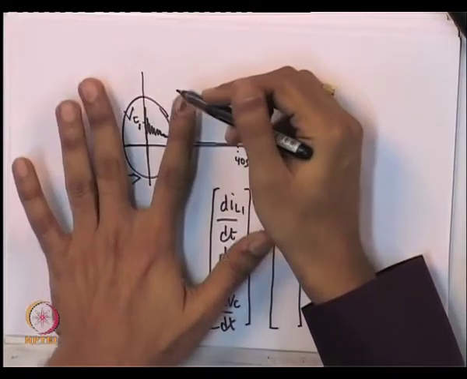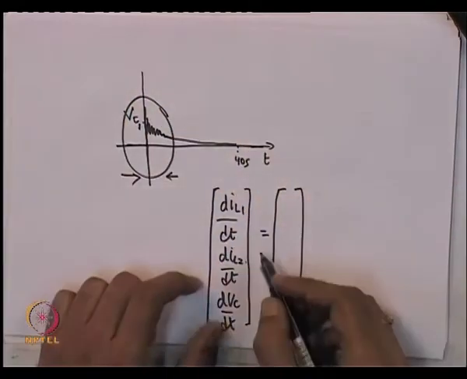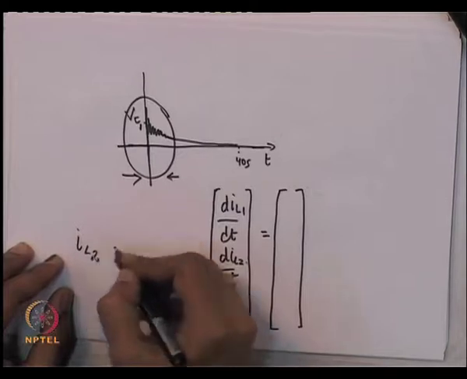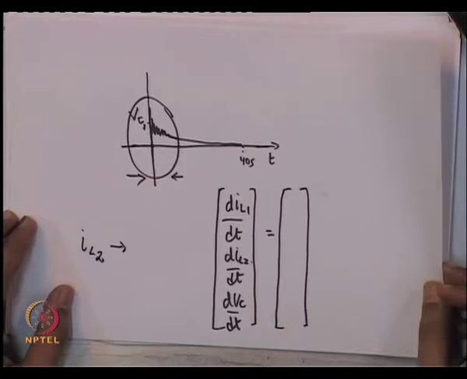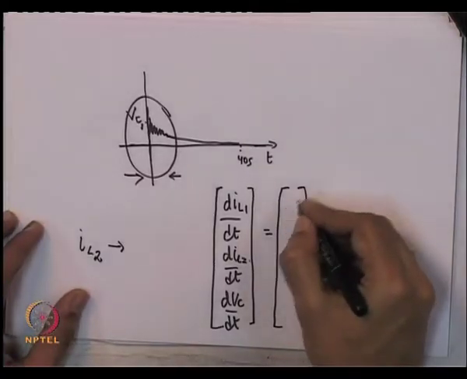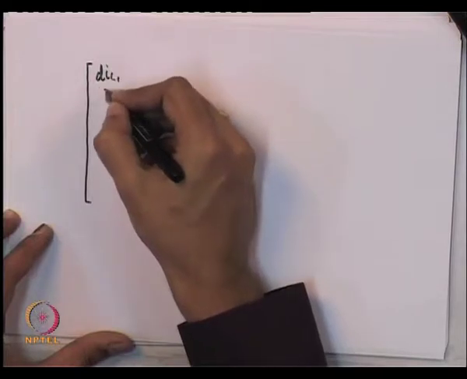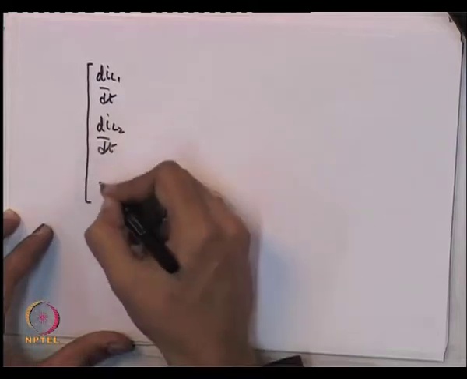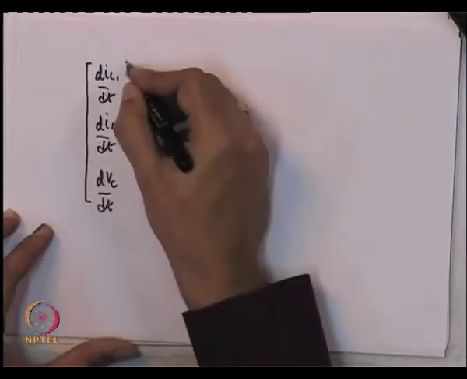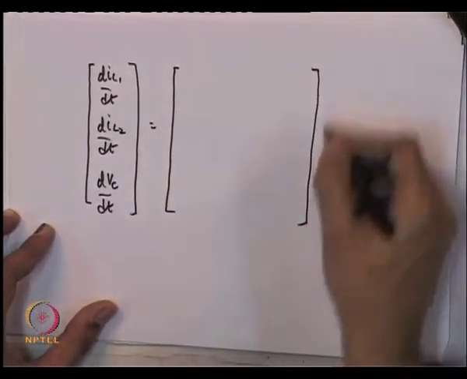So, I should say that I want to see the transient in a very small window. In that window, IL2 does not change at all. So, what I will do is, I will rewrite my circuit in this fashion, on another page. dIL1 by dt, dIL2 by dt and dVc by dt is equal to, what I will do is, this is the original state space equation.